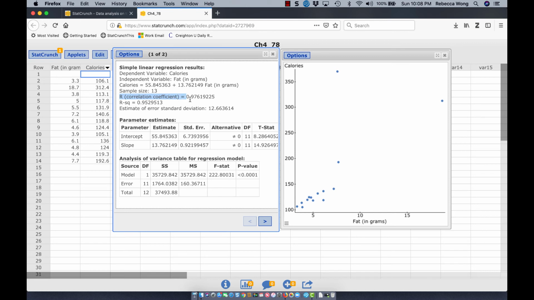Our new correlation coefficient is 0.976. So our correlation has gotten stronger. And our new regression equation is calories is equal to 55.84 plus 13.76 times fat.